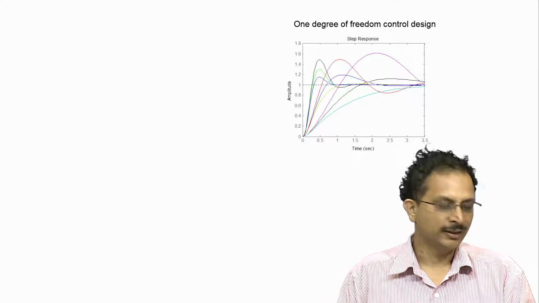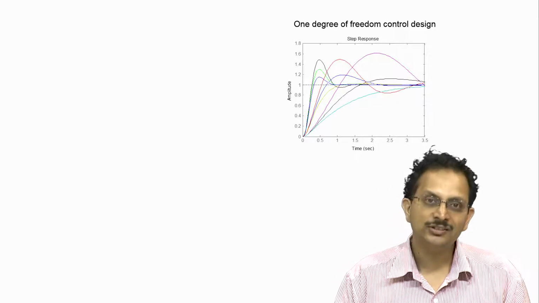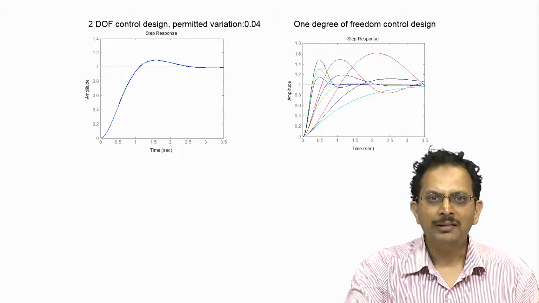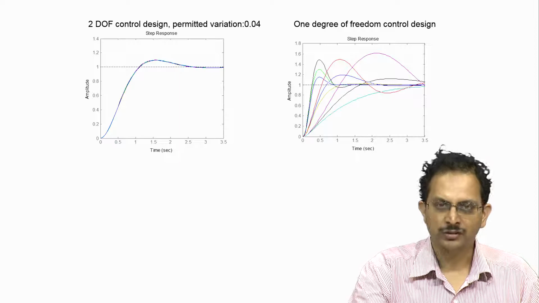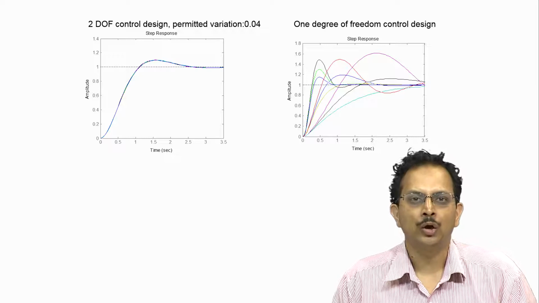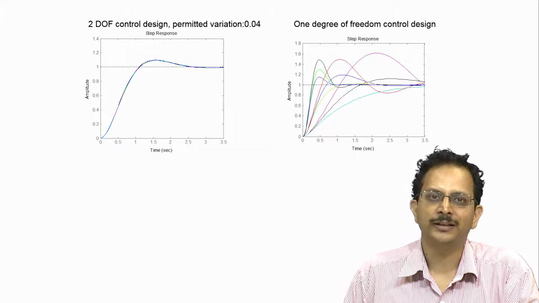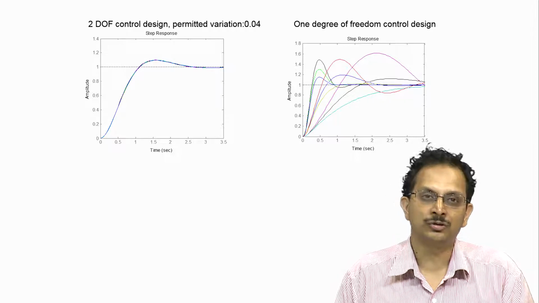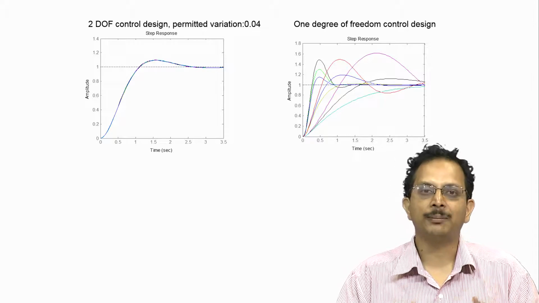In contrast, if one were to plot the step response for the same uncertain plant, but this time with a 2 degree of freedom controller, one can see that for all the different possible combinations of the plant's gain and its pole location, the step responses of the closed loop system almost exactly sit one on top of another, with practically no perceptible variation between them. This once again underscores the power of a 2 degree of freedom control strategy to achieve robustness or insensitivity to variation in the plant's model.